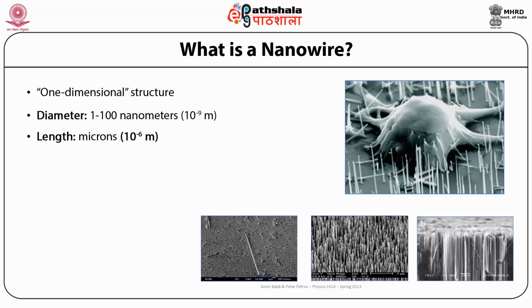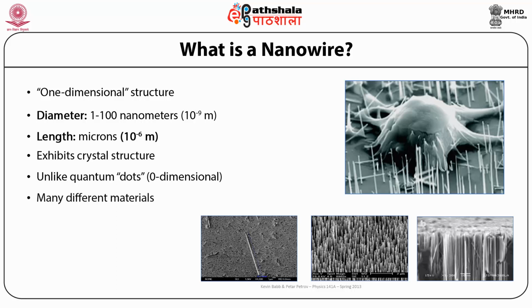So students, you can see over here the SEM images of the different nanowires. They exhibit crystal structure, unlike quantum dots having zero dimension, and as we have already discussed, there are various materials, that is metals, semiconductors and oxides, to prepare a nanowire.